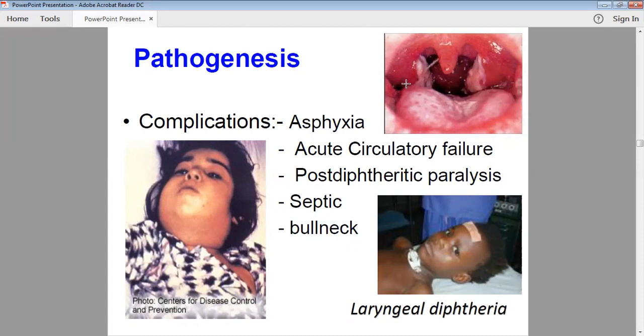And the patient is also toxic with severe adenitis, like this. This is the adenitic gland, and this is the bull neck appearance. This presentation is known as malignant or hypertoxic diphtheria. The involvement of the adenoid gland makes the neck a bull neck. This case is laryngeal diphtheria.